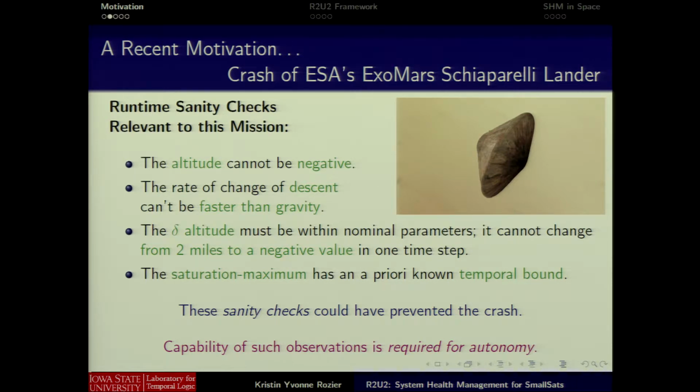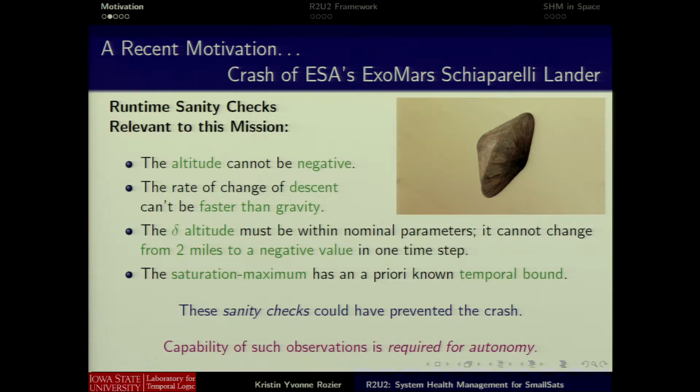And of course, it would have also been really helpful if we had been runtime monitoring for something like that: the saturation maximum has an a priori known temporal bound. And maybe if we had looked at that, we could have even stopped some of these other uses of bad data even earlier.